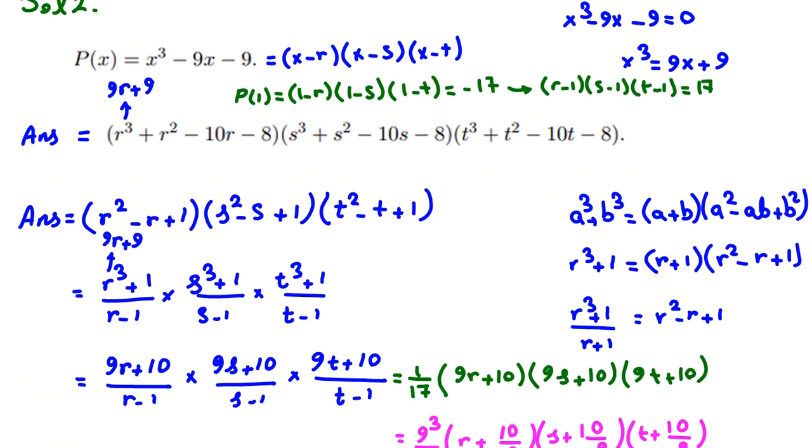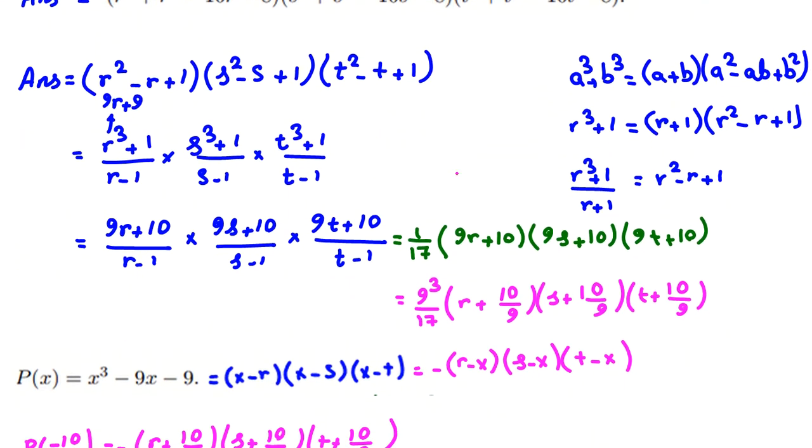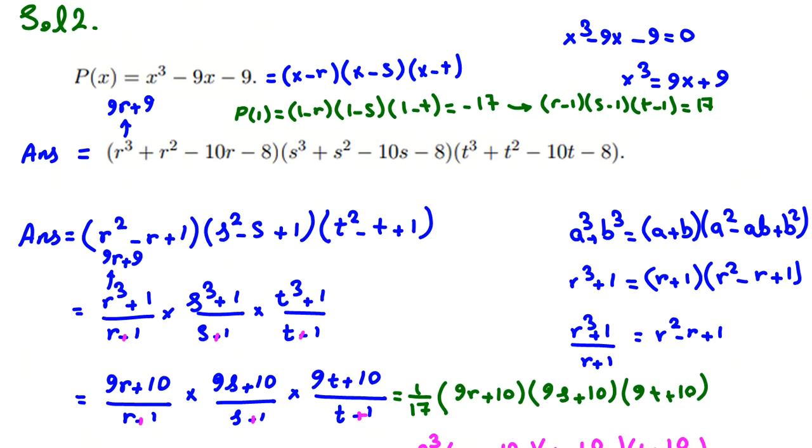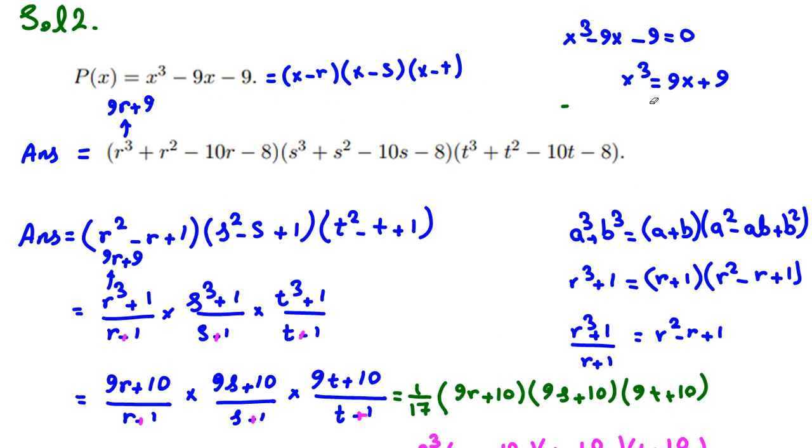Look, we've considered solution number 2, and we should divide by r plus 1. Here we consider plus 1, plus 1, plus 1. Because you want to calculate these, you should calculate p of negative 1. So p of negative 1 is negative 1 minus r, negative 1 minus s, negative 1 minus t.